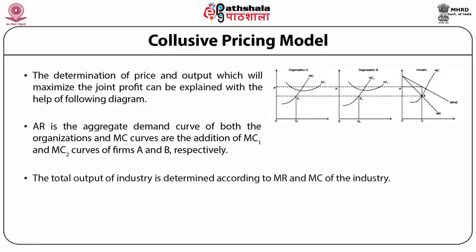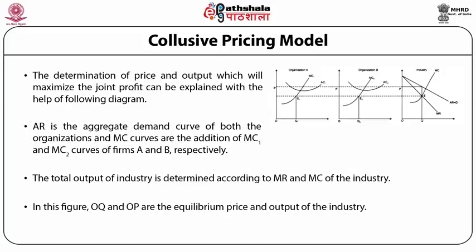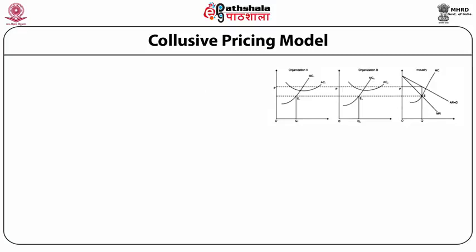The total output of the industry is determined according to MR and MC of the industry. In this figure, OQ and OP are the equilibrium output and price of the industry. Now, this output will be allocated among the firms.